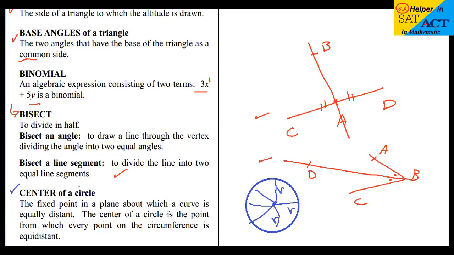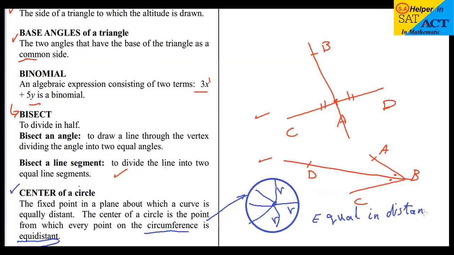Okay, so the center of a circle is a point from which every point on the circumference is equidistant. The words circumference and equidistant are very important as vocabulary in math, in geometry especially. Circumference is the perimeter of the circle, the length of the line. What does equidistant mean? Equidistant is a big term, not one word: equal in distance.